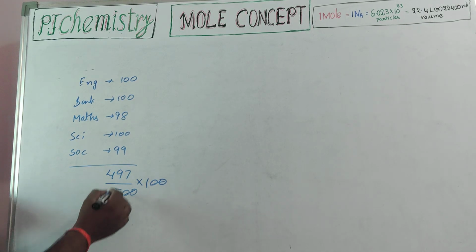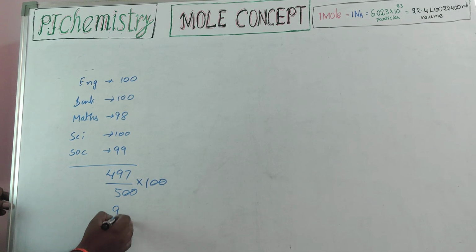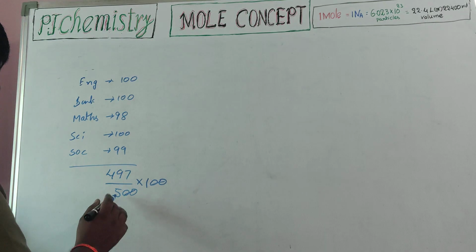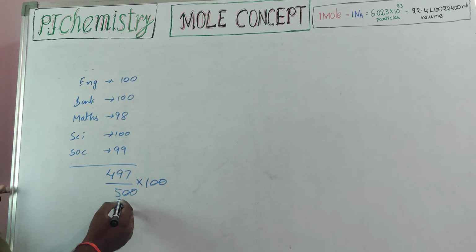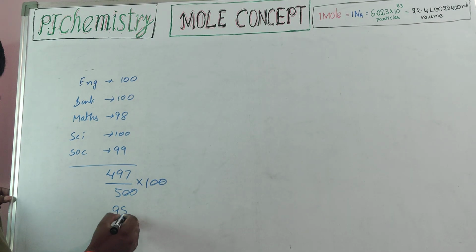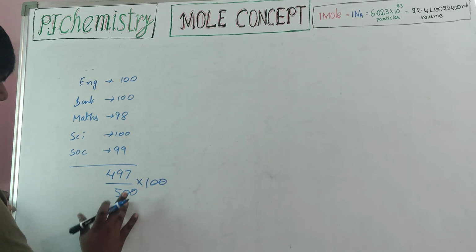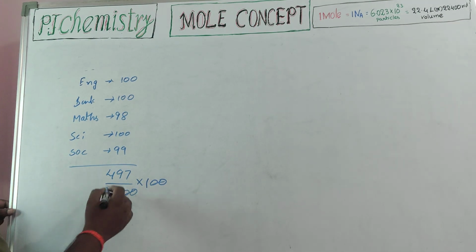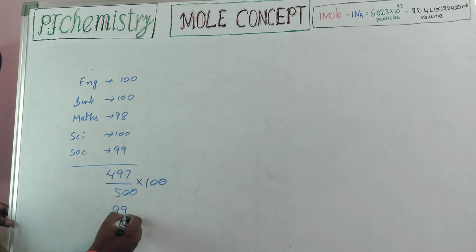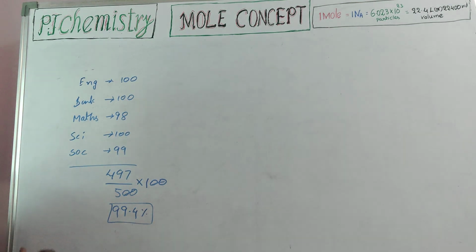Now 5 nines are 45... 5 8s are 40. Sorry, here 4 is there. Again 47 means 9 times. So 99.4 percentage. As per this result, the person scored.